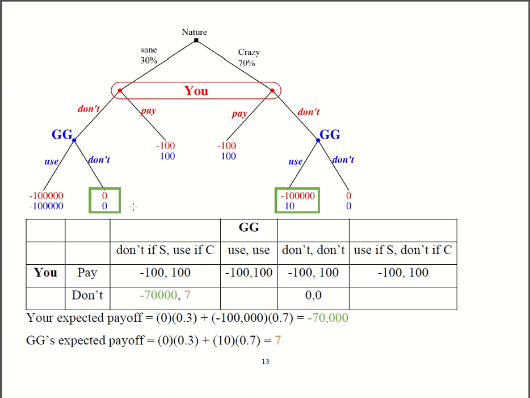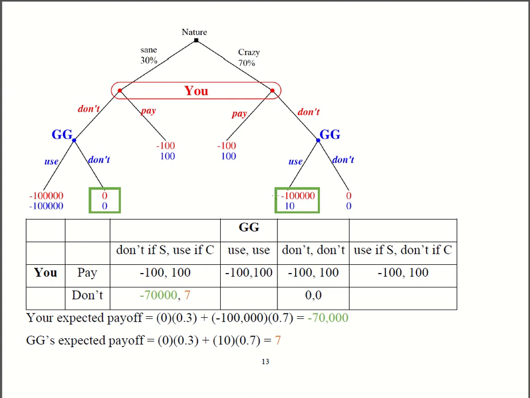So let's look at your payoff first. With probability 30%, we're over here, and you're getting 0. That's going to be 0 times 0.3. However, with probability 70%, he's crazy, in which case he's going to use the grenade.